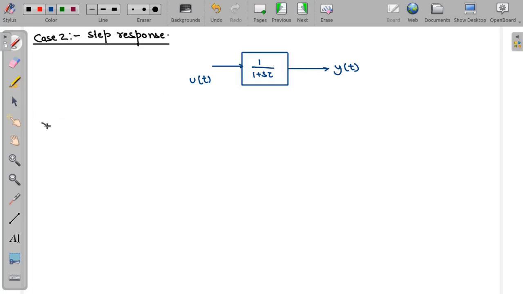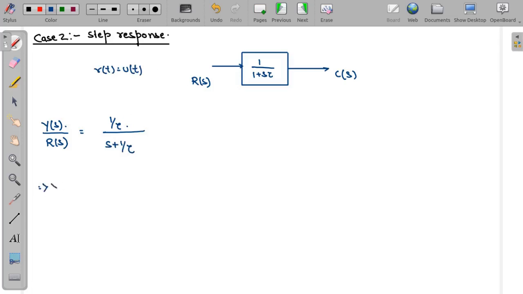So basically Y(s) by R(s), or C(s) by R(s), is 1 by tau over s plus 1 by tau, and R(s) is 1 by s. Why? Because r(t) is equal to u(t), and its Laplace transform is 1 by s.